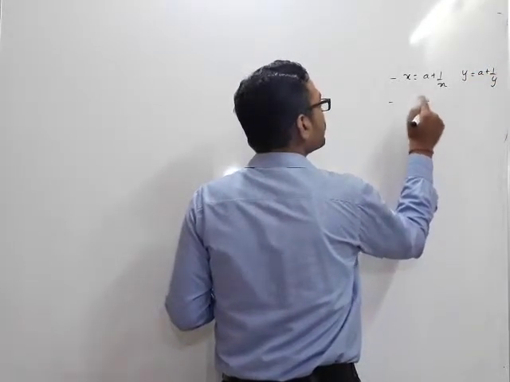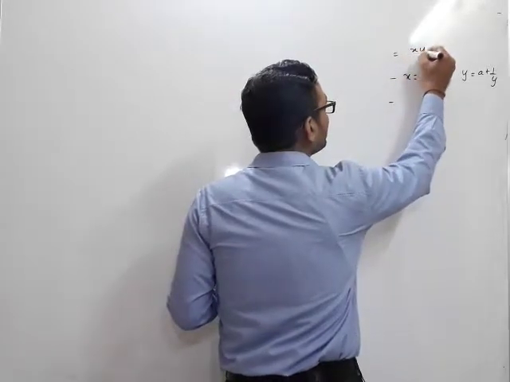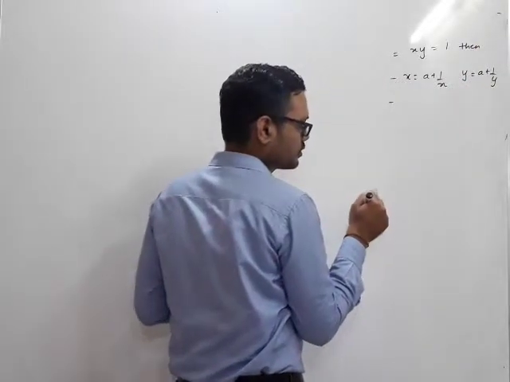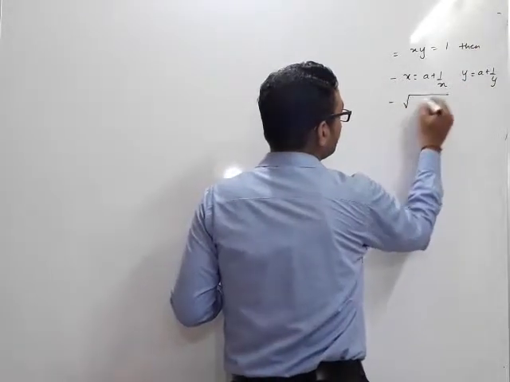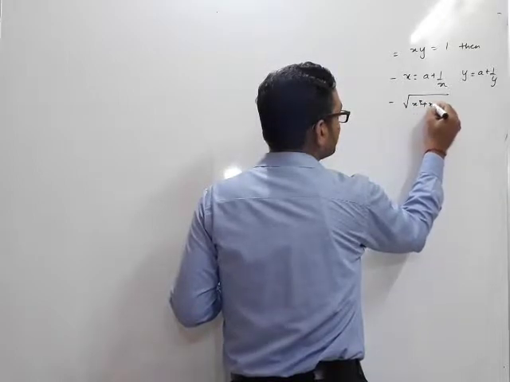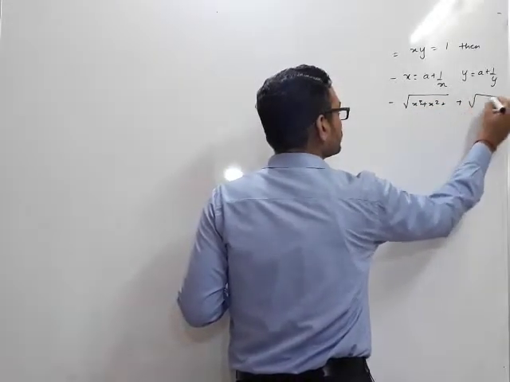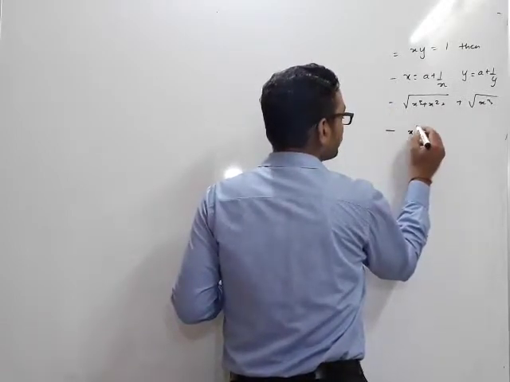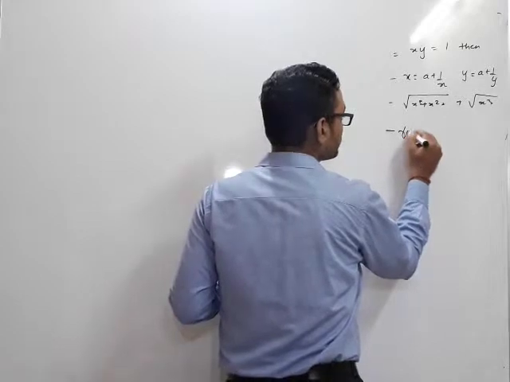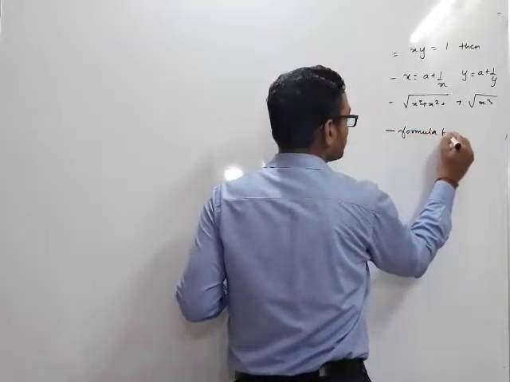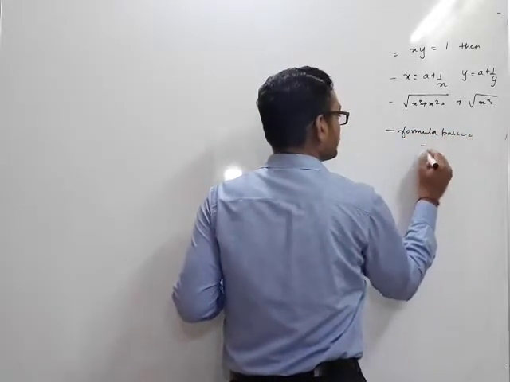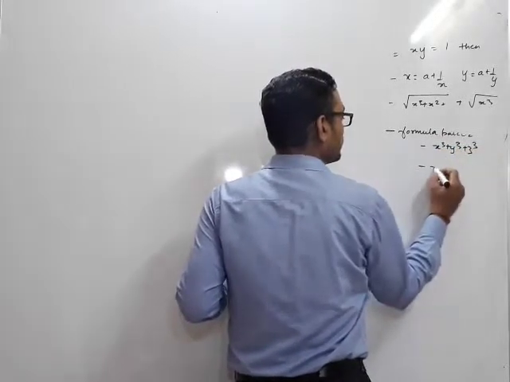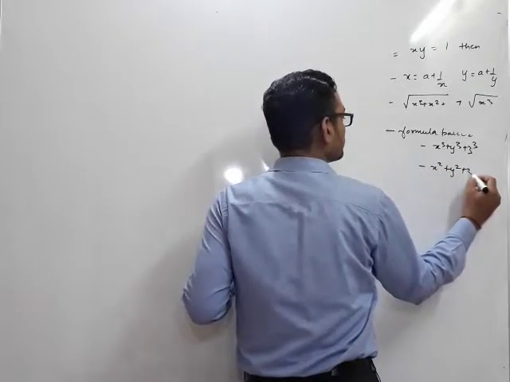Then we are done with when xy is 1, then different questions. Then we are done with the root of x cube plus x square plus something type. We are done with formula based, which has 2 types, x cube plus y cube plus z cube and x square plus y square plus z square.